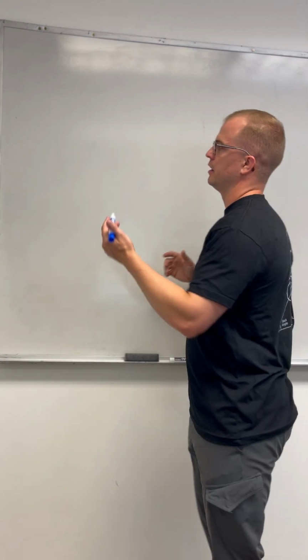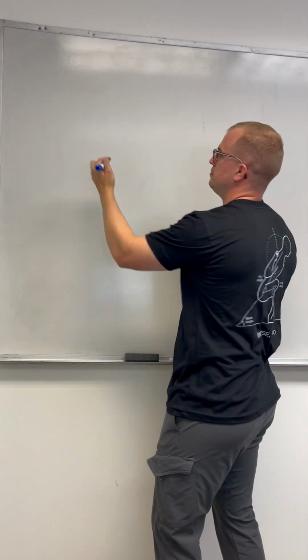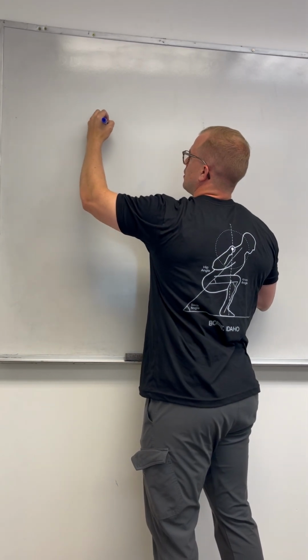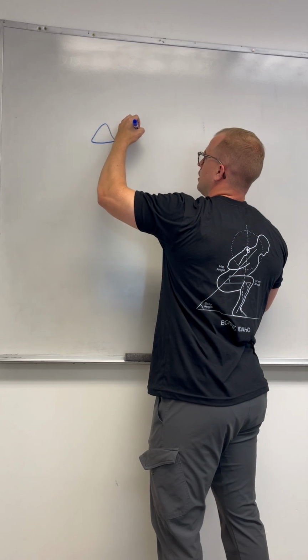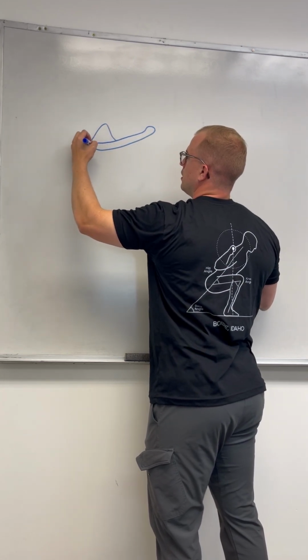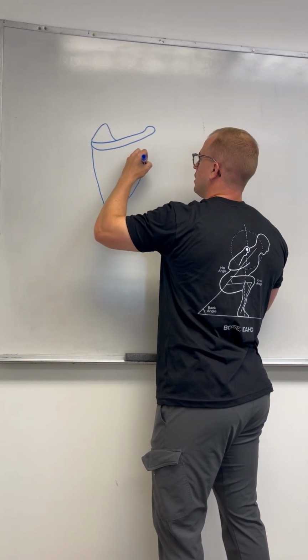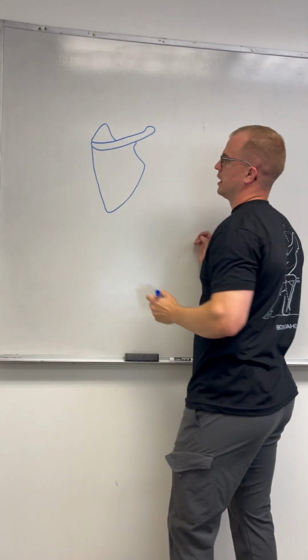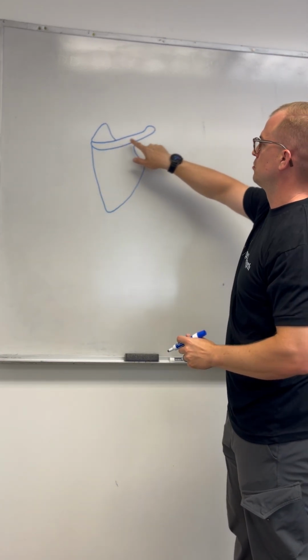So what's going on here is I'm going to draw the back side of a shoulder. First we have the shoulder blade. It looks a little bit like that. We have the spine of the scapula, the spine of the shoulder blade here.